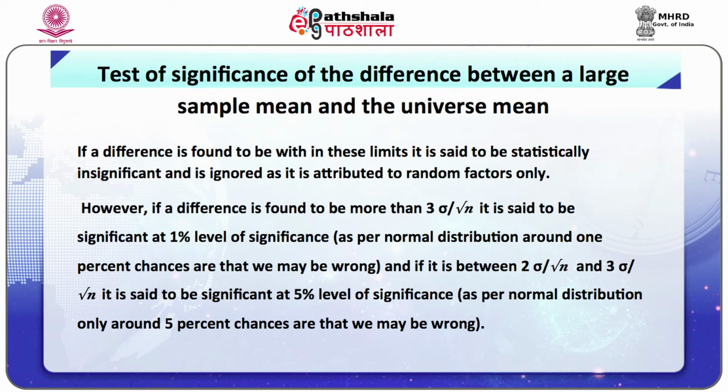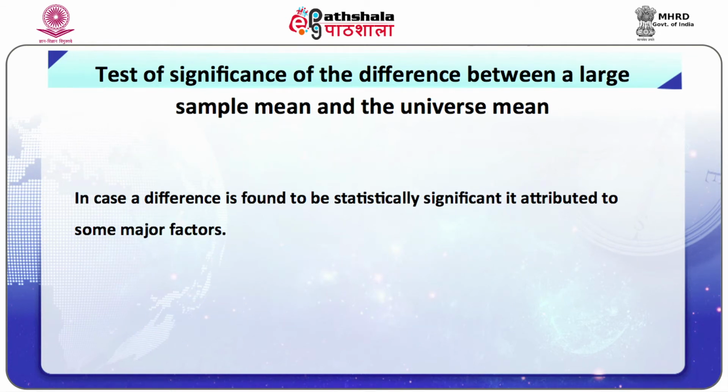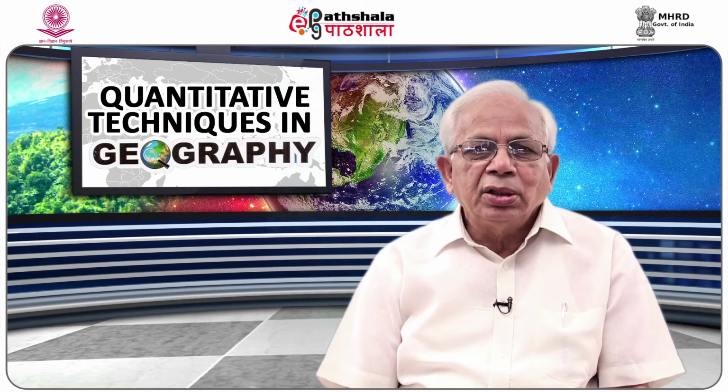And if it is between 2 sigma upon root n and 3 sigma upon root n, it is said to be significant at 5% level of significance, as per normal distribution. Only around 5% chances are that we may be wrong.